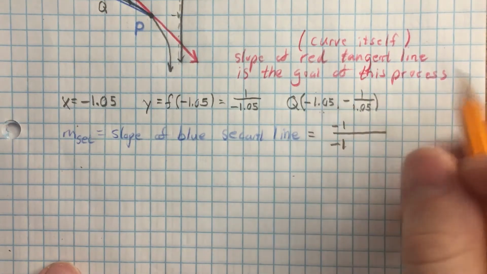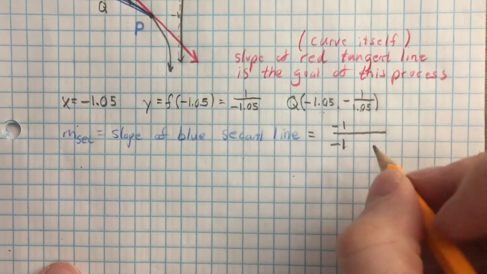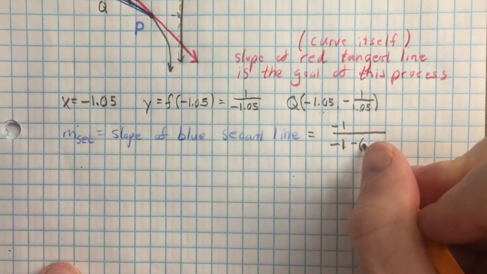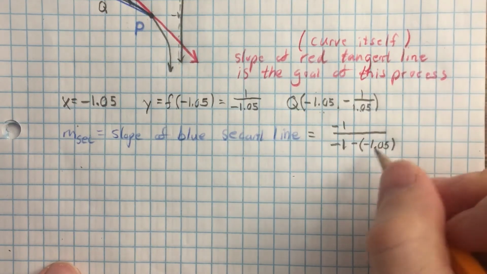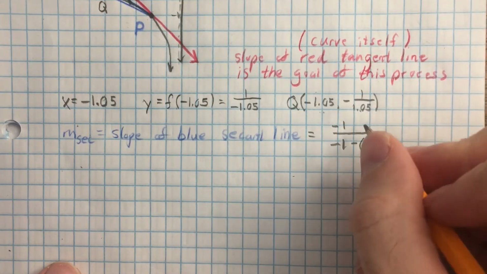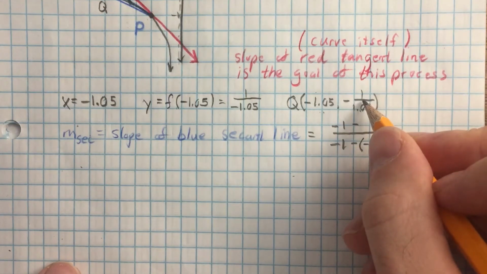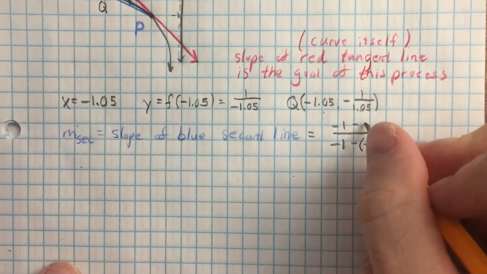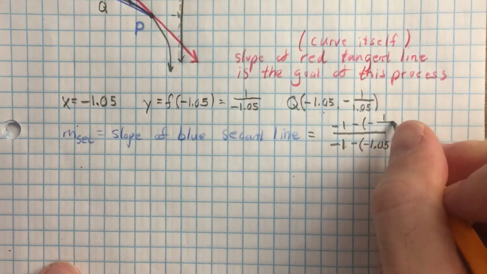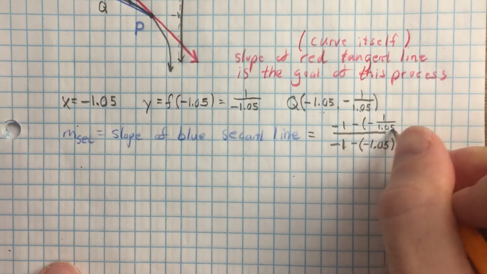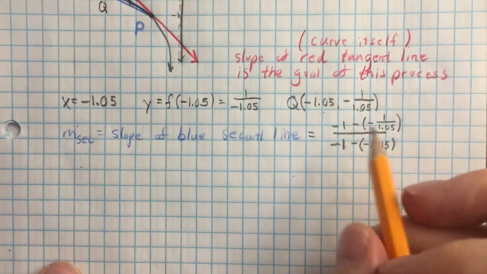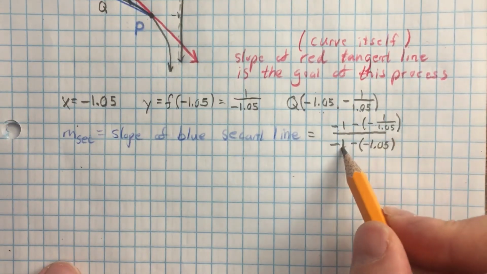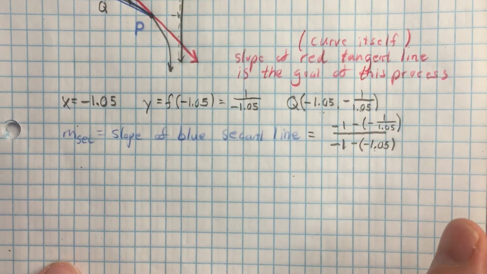And now I take Q, I take its x value and subtract it away from the x value of P, the usual slope formula, and I subtract the function value of Q, negative 1 over 1.05, away from the function value of P. All this is y2 minus y1 over x2 minus x1. That's all it is.